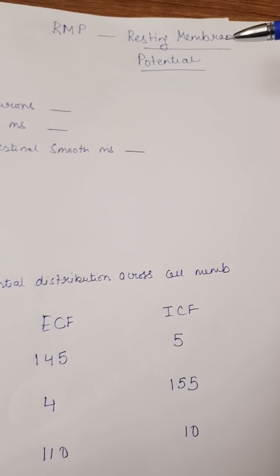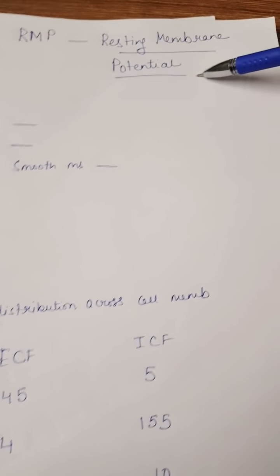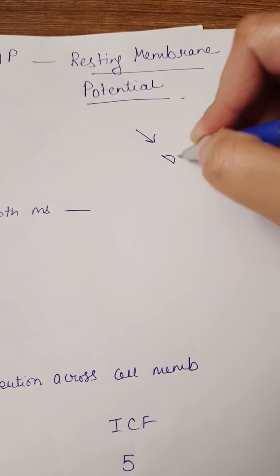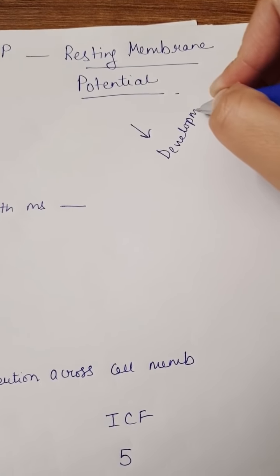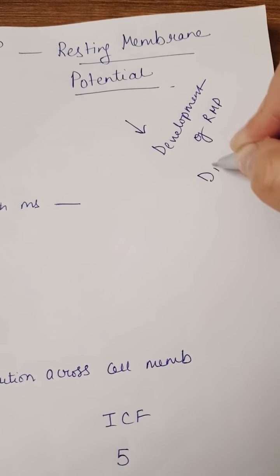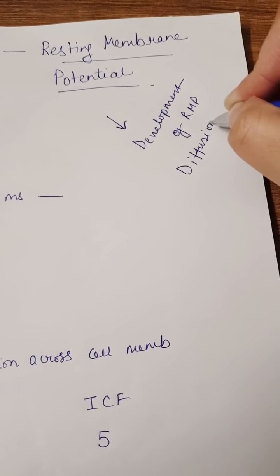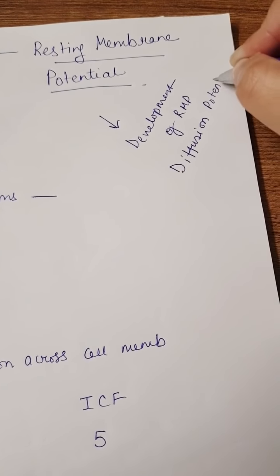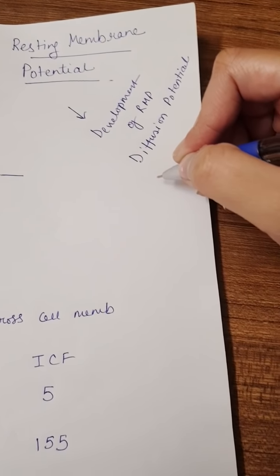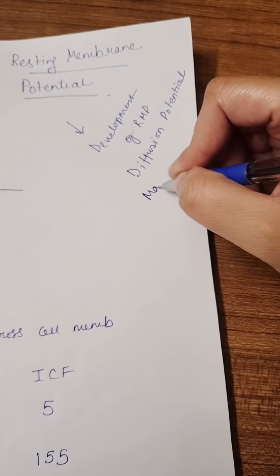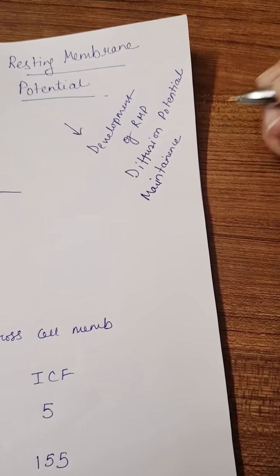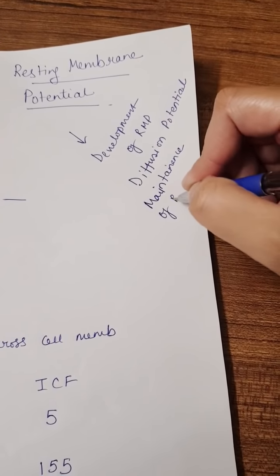Okay, now let's talk about RMP, or resting membrane potential. Under this, we will study the development of RMP, diffusion potentials, the several equations and theories, and maintenance of RMP.